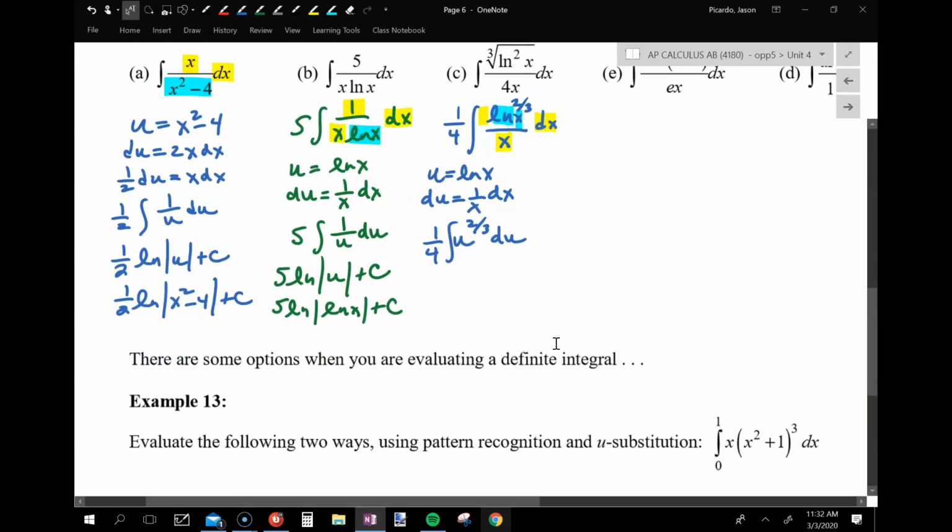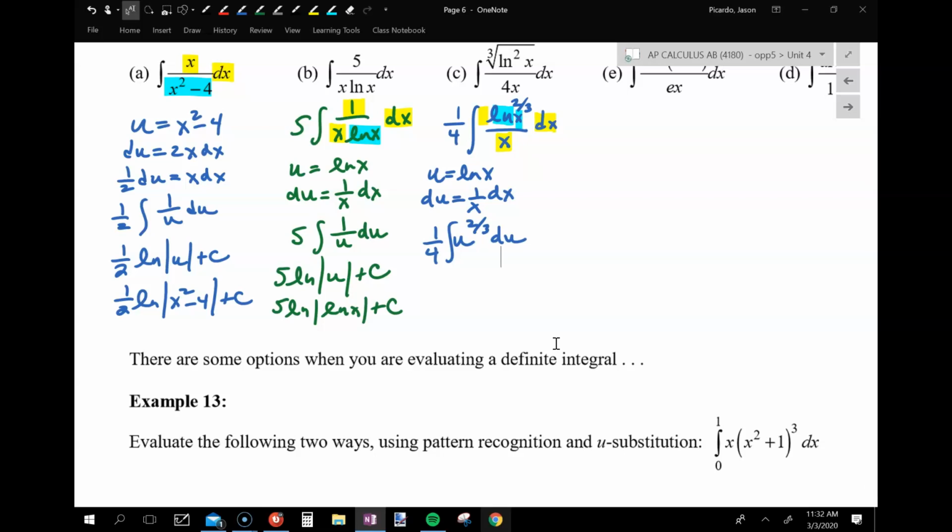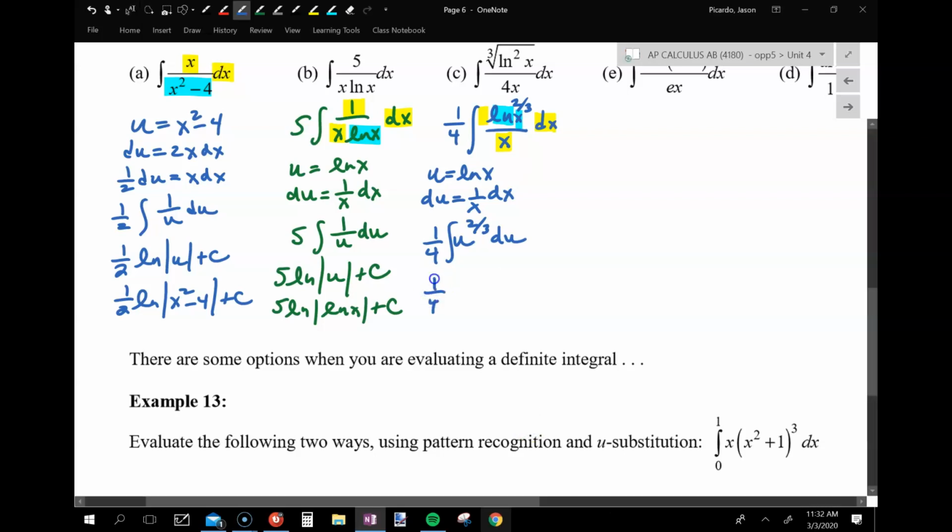Cool. All right. A little bit of practice on this one, guys. What's my integral of u to the 2/3? Add 3/3 to the 2/3, right? What do you got? You got 5/3. What's my corrector in front need to be then? 3/5.